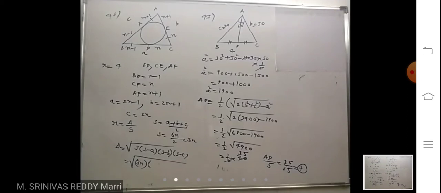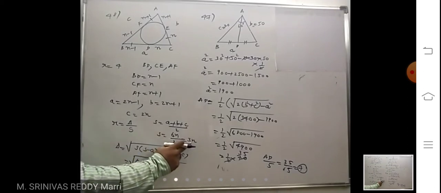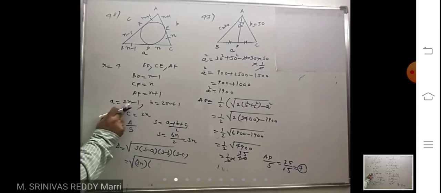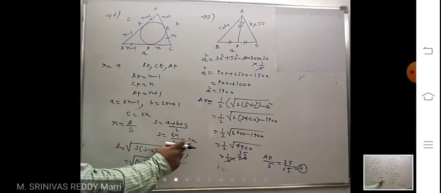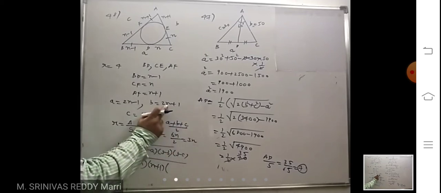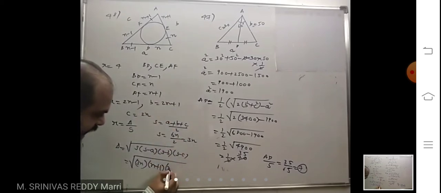Now S minus A is 3n minus of 2n minus 1, that means n plus 1. S minus B is 3n minus of 2n plus 1, that means n minus 1.